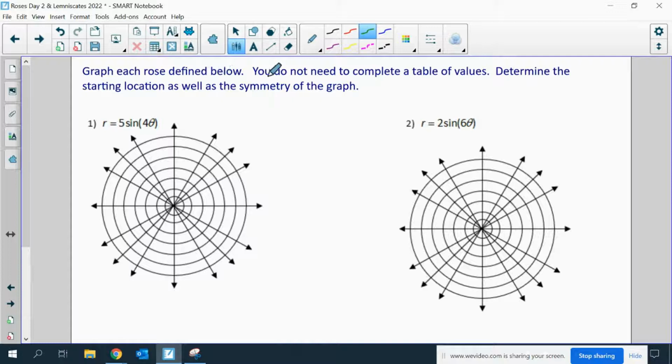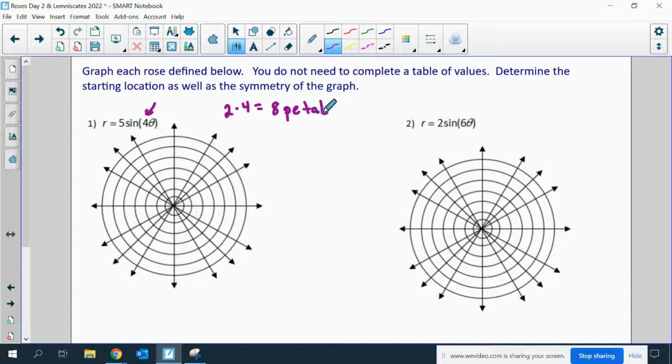So we're going to graph each of these roses defined below. r equals 5 sine 4 theta. I know that we learned yesterday that if I have an even number on the inside of a rose graph, I end up with 2 times that number of petals.